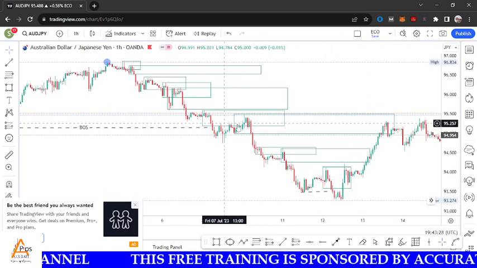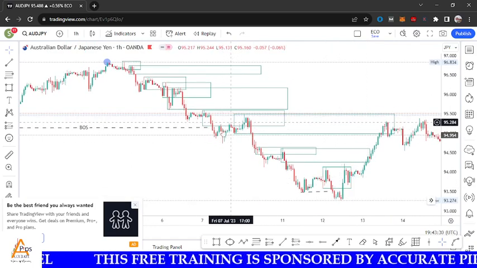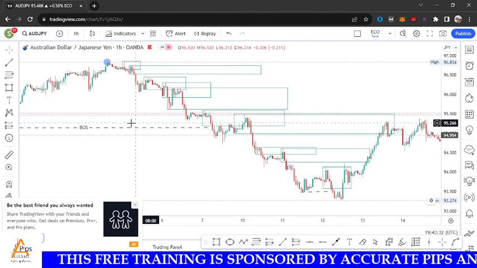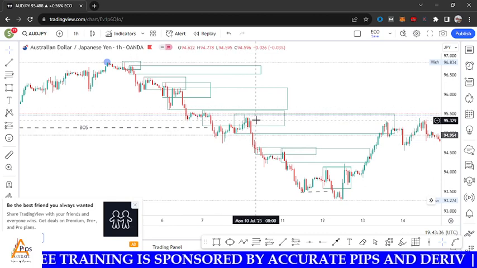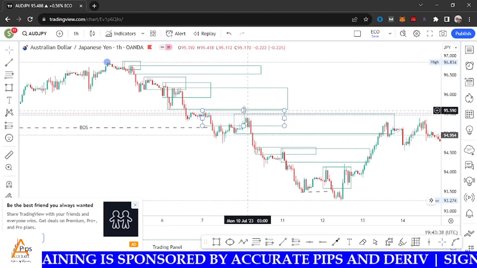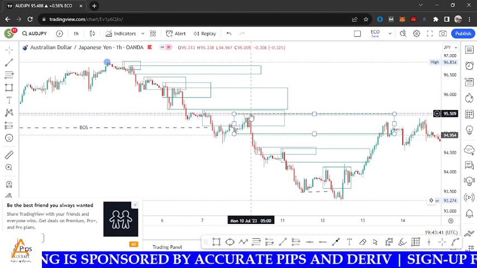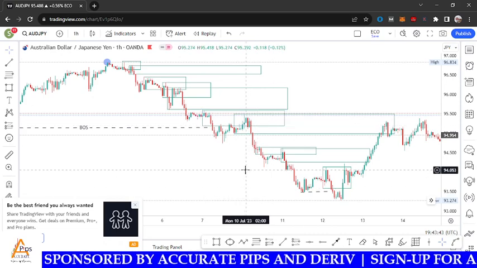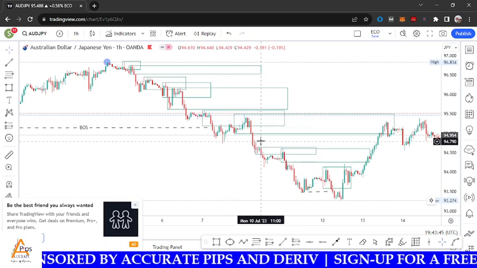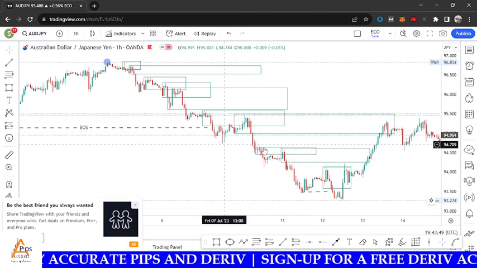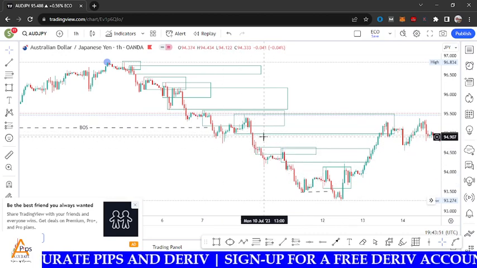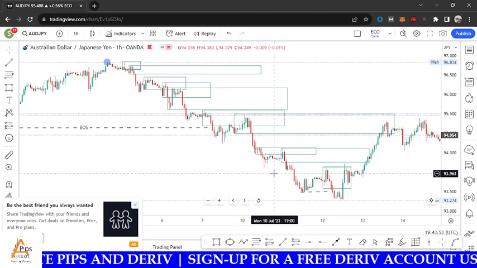Okay, so we confirm IDM over here to confirm a new low after the break of structure per what we learned. So this means this is our previous lower high. Then let me see if this inducement was not taken. So after breaking this low, we didn't take out this.